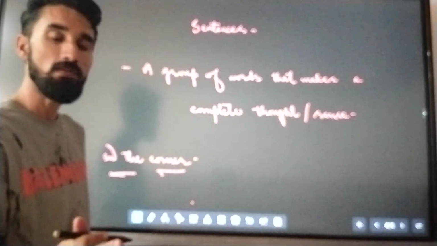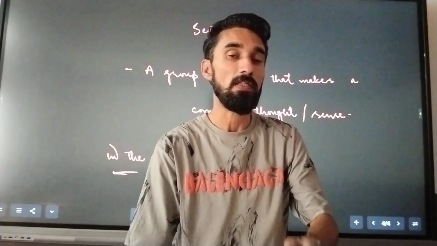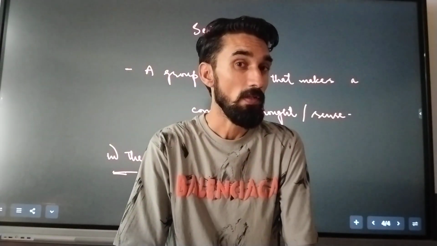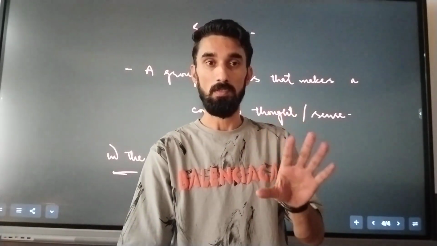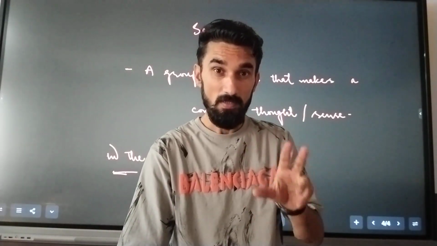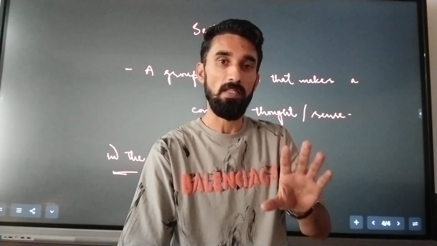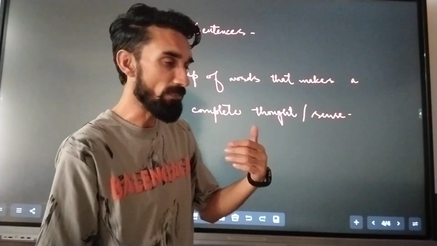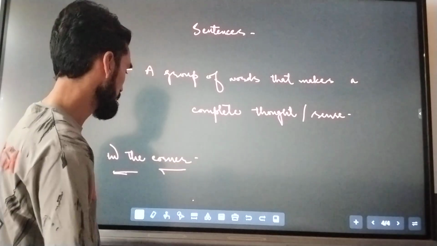In the corner, this is just a phrase. You must be aware about the difference between a sentence and a phrase. And what is that difference? That is the difference of verb. A phrase does not have a verb in it, and a sentence must contain a verb. That is what makes it a sentence, usage of verb in it.